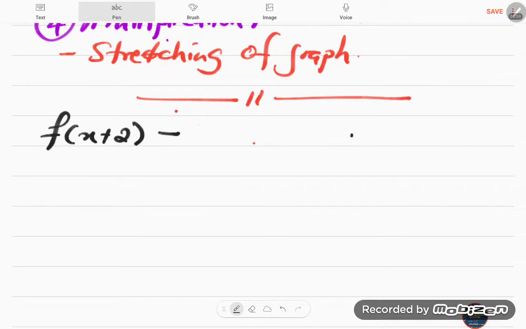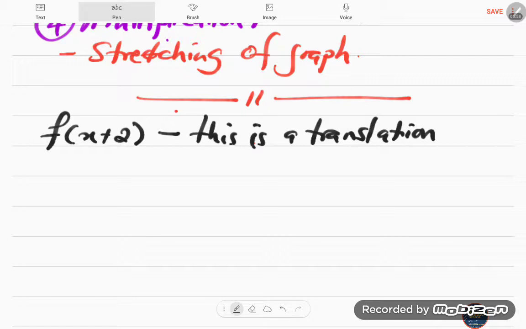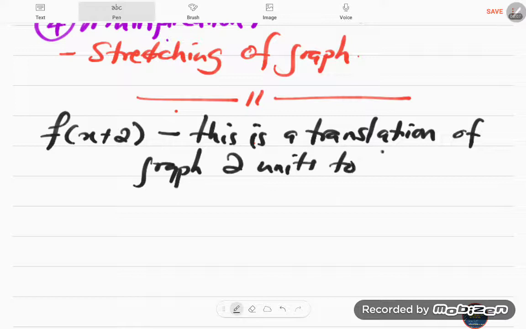So what we do is that this is a translation, because it's an addition. Translation of graph, 2 units to the, notice, to the left. Okay, because we did say if it happens inside the bracket, then it's going to be parallel to the x-axis, either going to the left or to the right. Okay, and in this case it's 2 units and it's to the left.